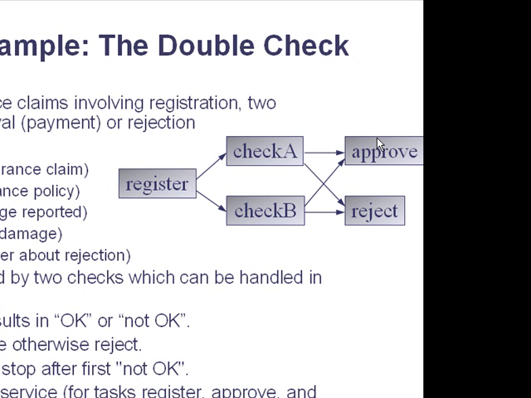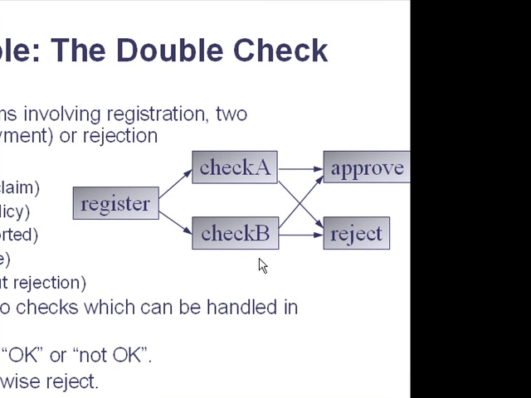Furthermore, what is not shown in the diagram is that there are 3 roles: one for customer service performing the task register, then a specialist A for performing check A, a specialist B for performing check B, and then again the customer service performing approve or rejection.